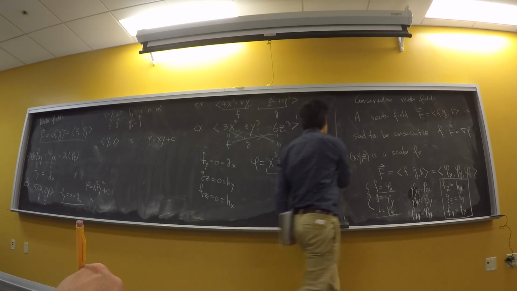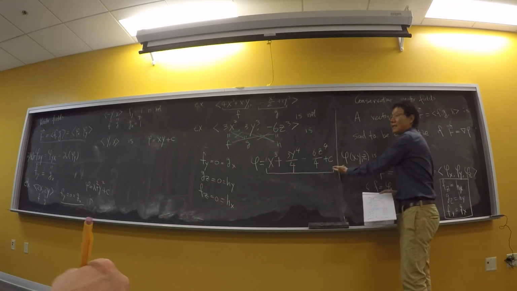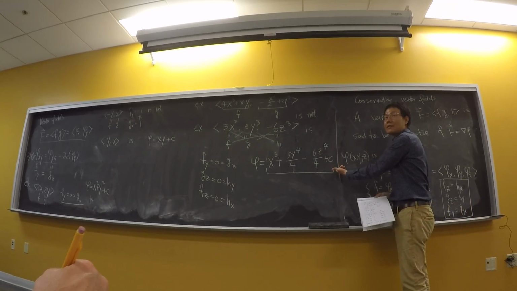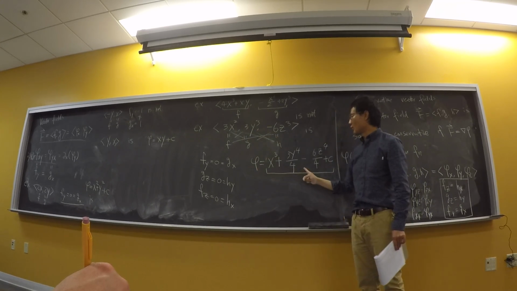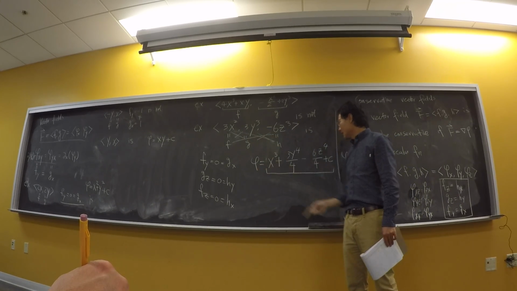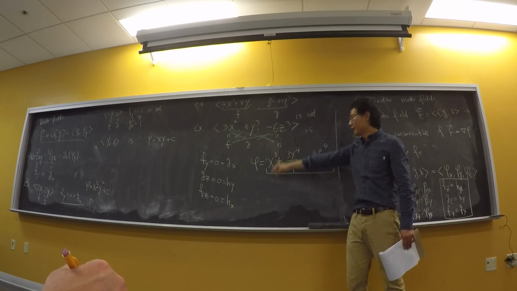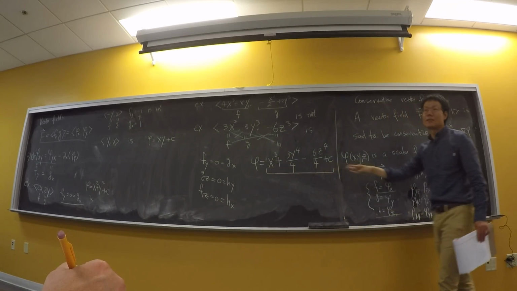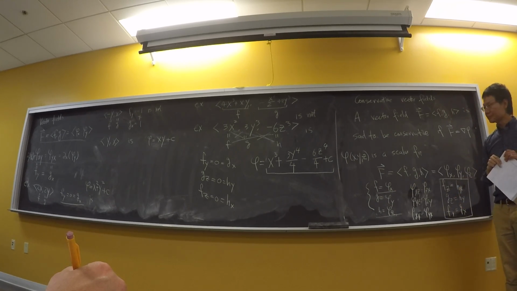This is indeed the potential function. You can easily check it satisfies the gradient vector equations. You take the x derivative, you get the x component. You take the y derivative, you get the y component. You take the z derivative, you get the z component. So this is indeed the antiderivative individually, and that serves as the potential function.